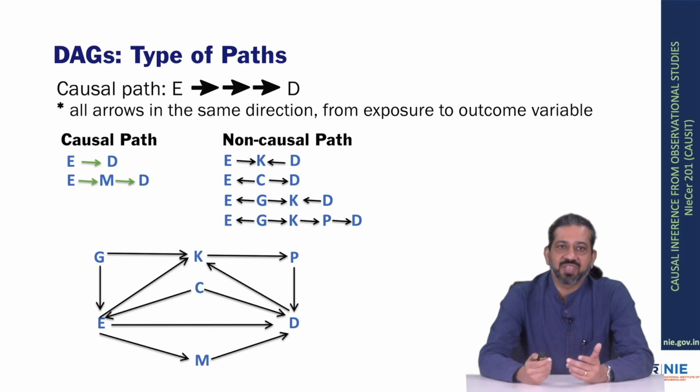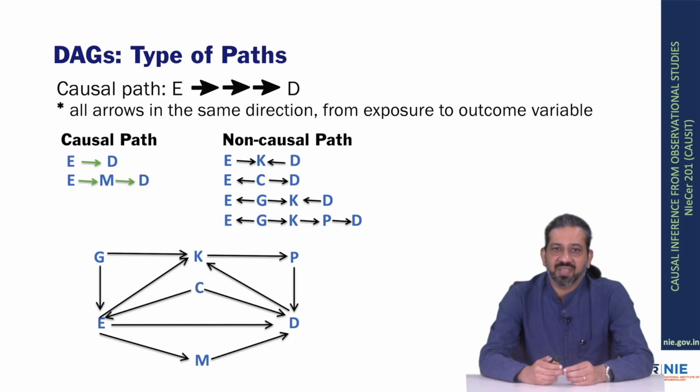So of the 6 paths that we have in this causal diagram, all those paths in which all the arrows go in the same direction from the exposure to the outcome variable are called causal paths. Hence, of the 6 paths, 2 of them can be labeled as causal paths, that is ED and EMD.